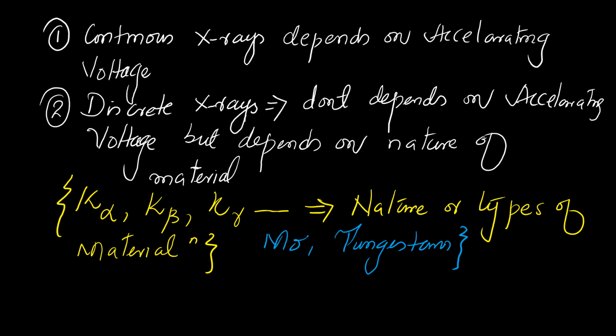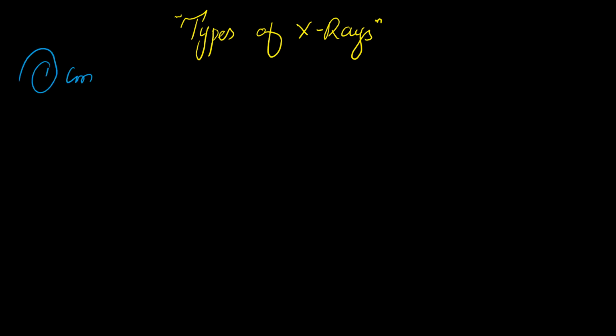So now let us explain briefly about the types of X-rays. There are two main types of X-rays. First type of X-rays is known as continuous X-rays.